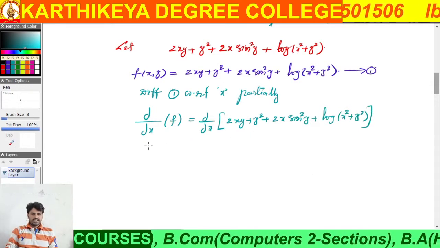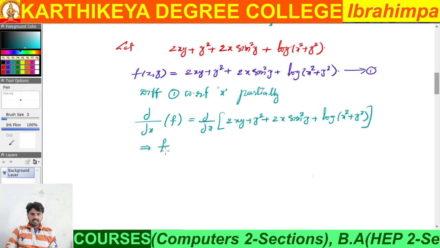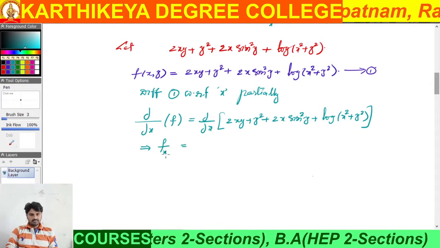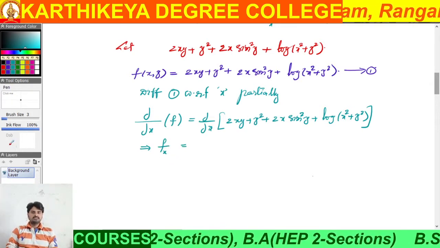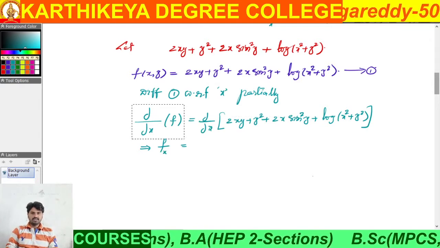So dou f by dou x can be written simply as f sub x, that means the partial derivative of the function f with respect to x.